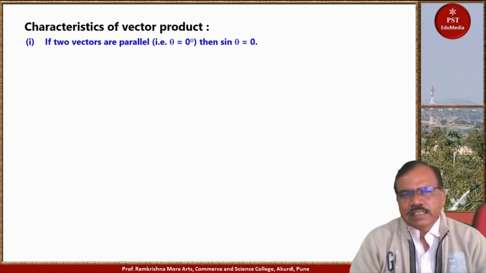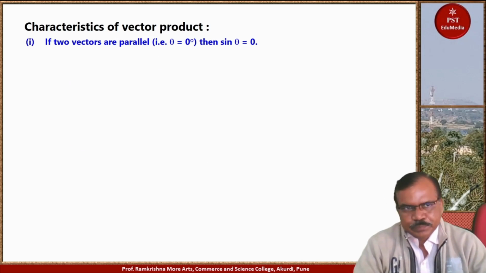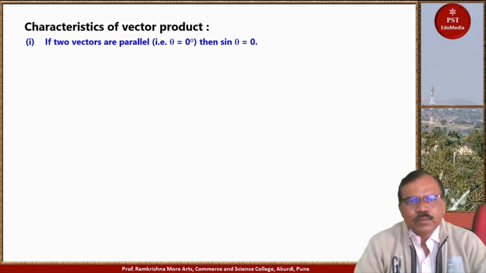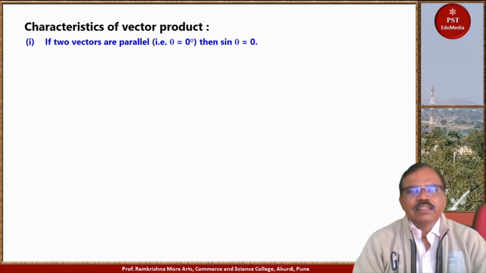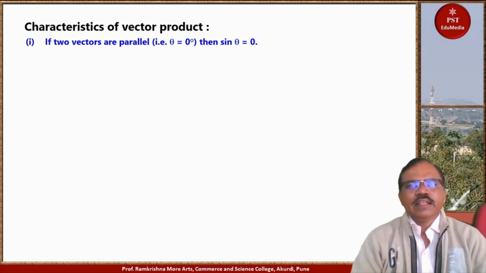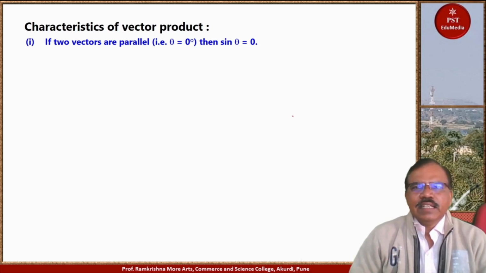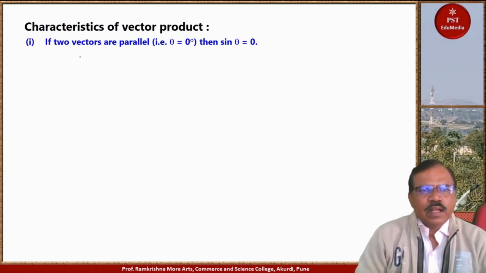Now, characteristics of vector product. If two vectors are parallel, that is theta is equal to 0 degree, then sin theta is equal to 0, and we know the magnitude of A cross B is equal to AB sin theta.